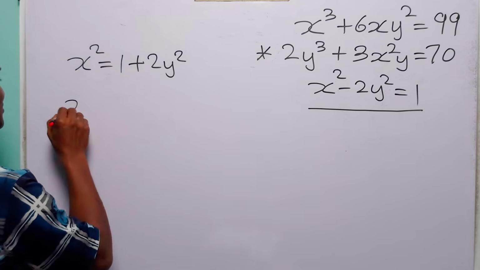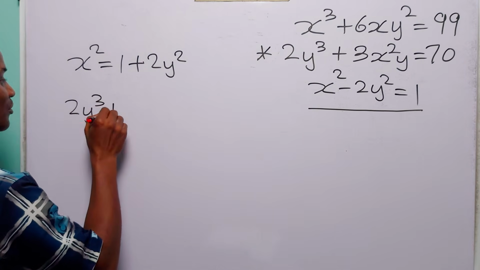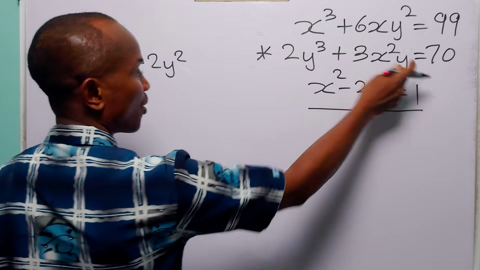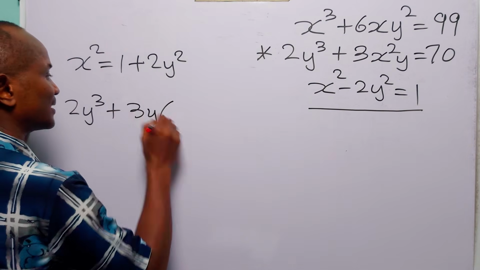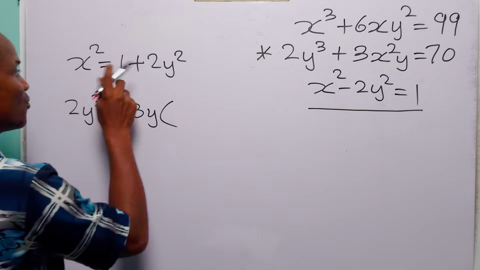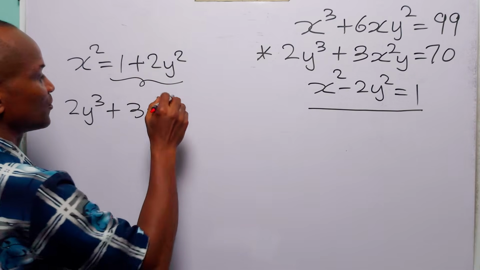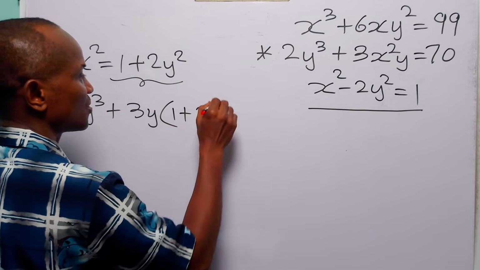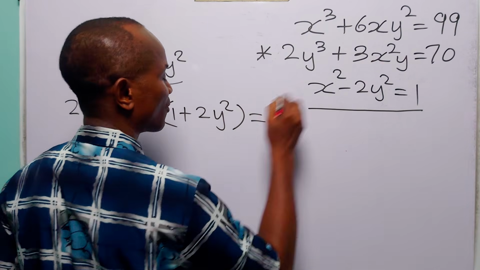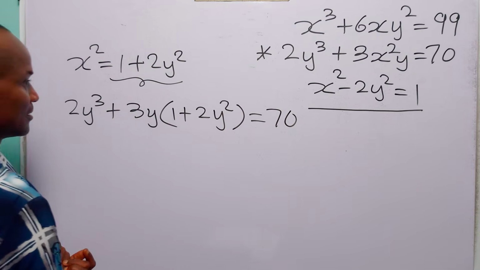From here, we have that 2y cubed plus 3y times x squared, which we are now going to replace with 1 plus 2y squared, is equal to 70.